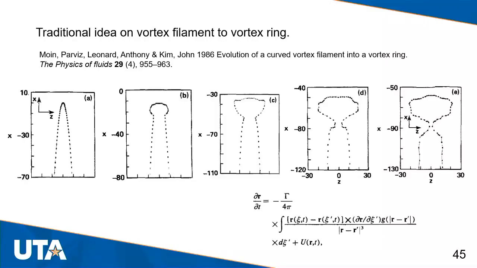What these people do is, first they think there is a vortex line here. Actually, the vortex they say means vorticity. I think it's 1986. They apply this Biot-Savart formula, and they find these structures become like a ring, and the ring becomes bigger, and the neck becomes narrow, and they think the ring pinches off.